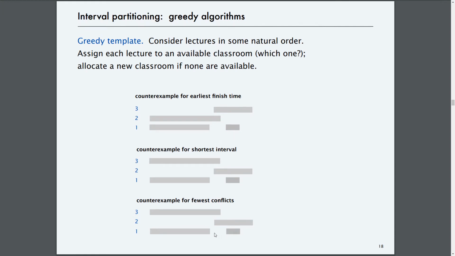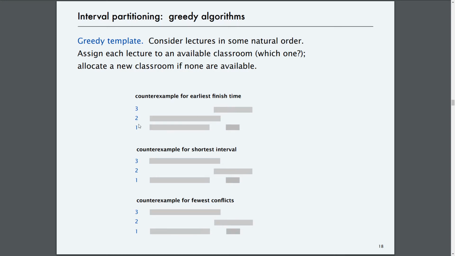For fewest conflicts, here we have one conflict, here we have two, here and one here. So we would take these two first, they each have one. Then we create a new classroom for either one of these, and then add the one remaining.